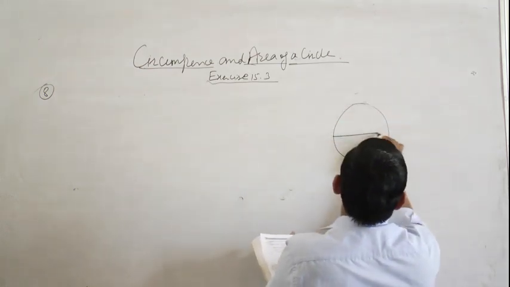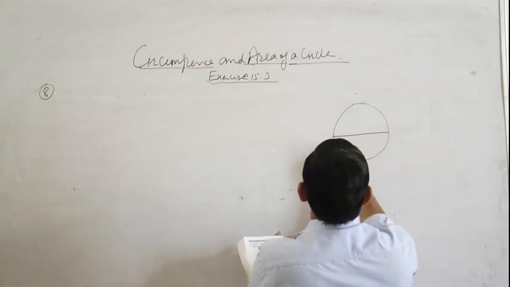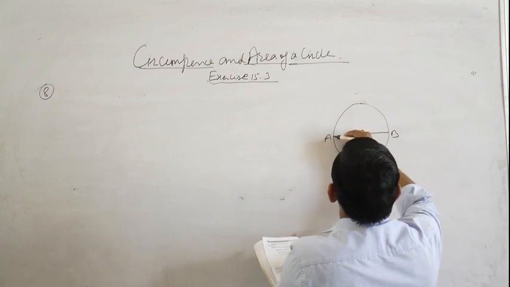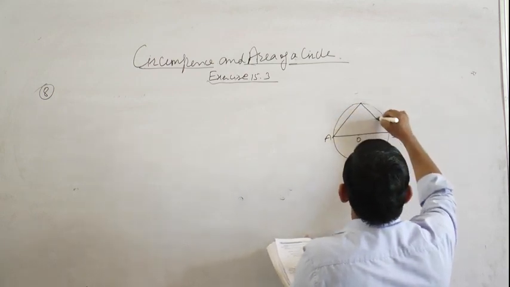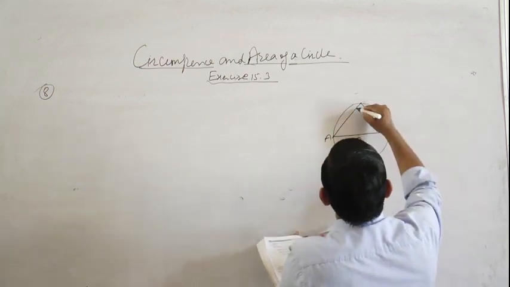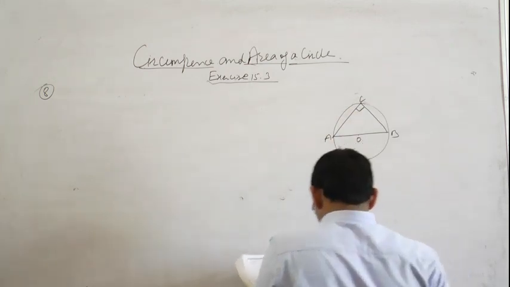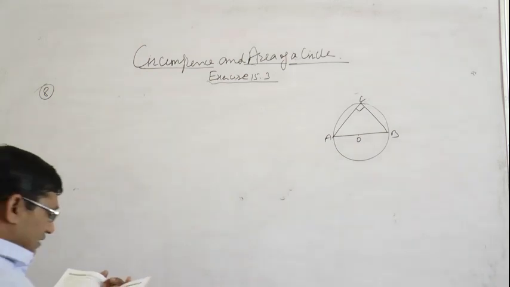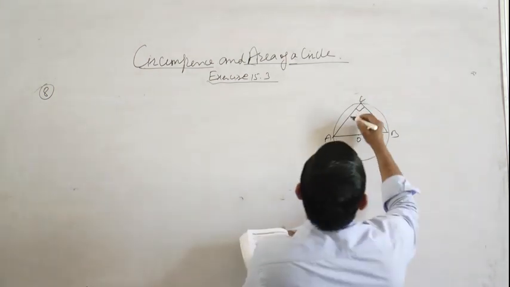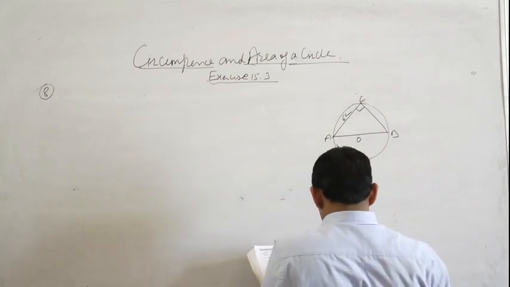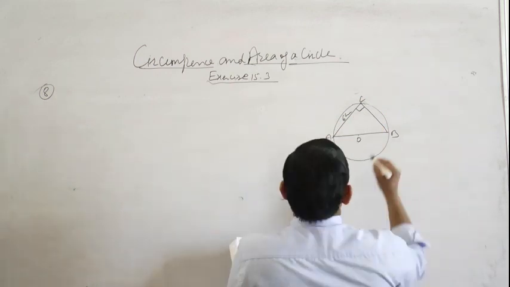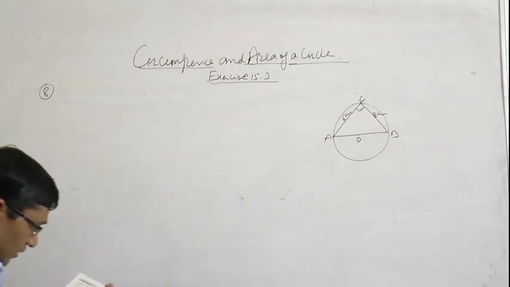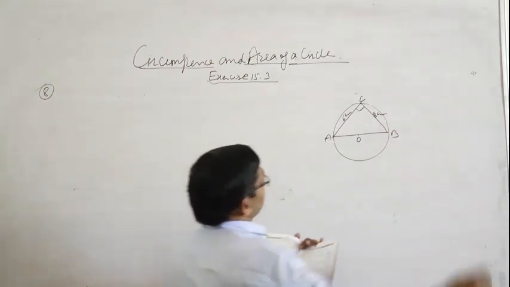In this question, AB is the diameter of circle. AC is 6 centimeter and BC is 8 centimeter. Find the area of shaded portion.